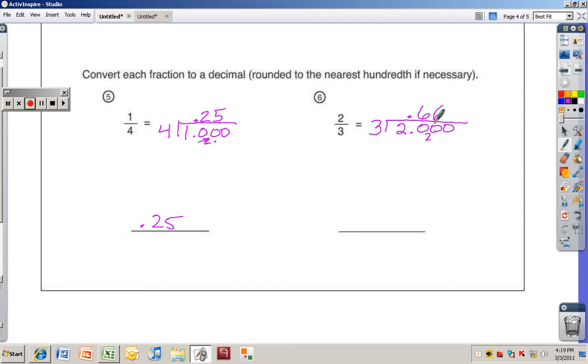Left over? 2. 3 goes into 20 how many times? 6. Now, watch out on this. We have to round this off, so you're going to round to this spot. You got to look to this number. It's going to tell that one what to do. 0.67, not 0.66. A lot of kids put 0.66 because they see that the 6's are just going over and over again. But that 6, if we're rounding it, has to bump up to a 7.